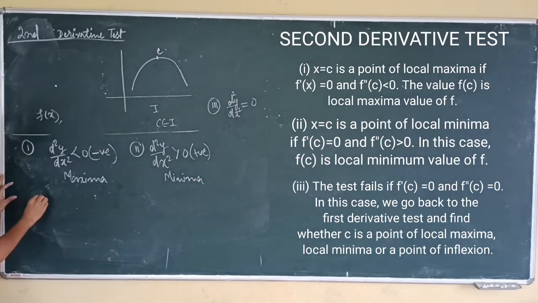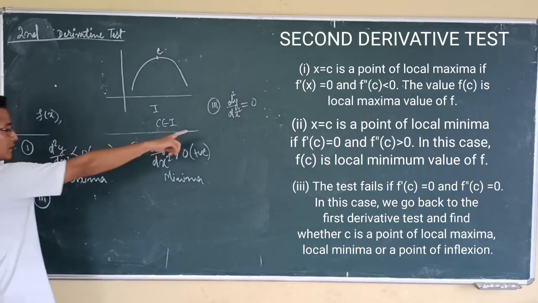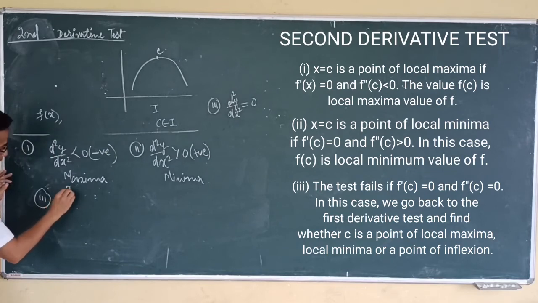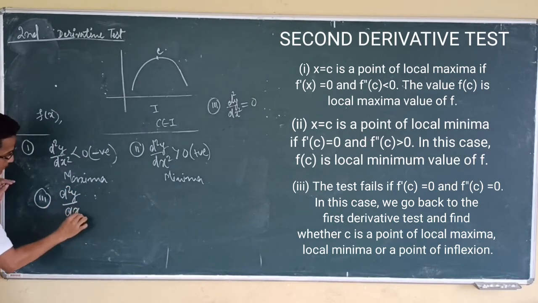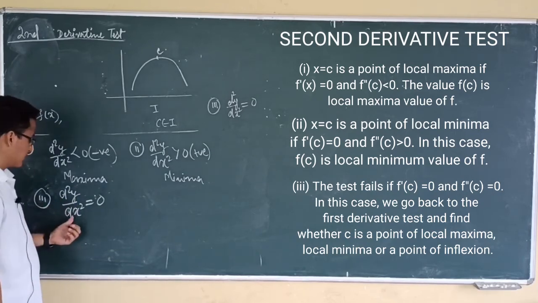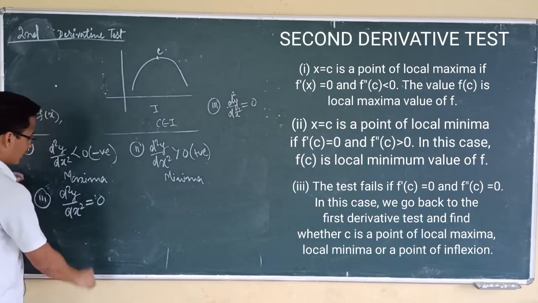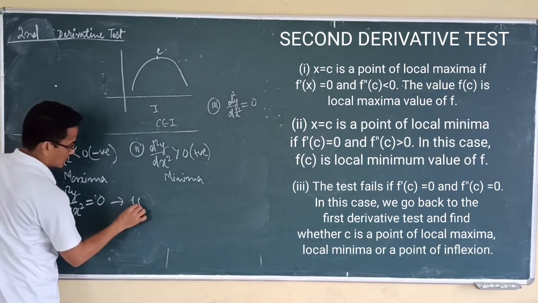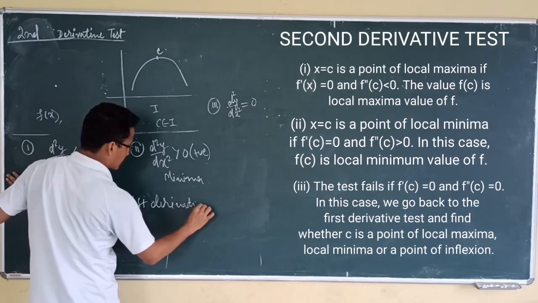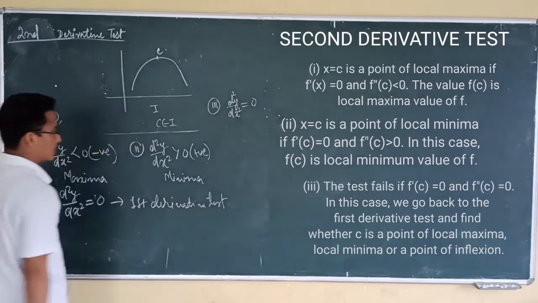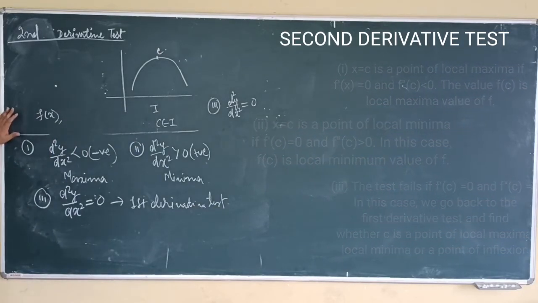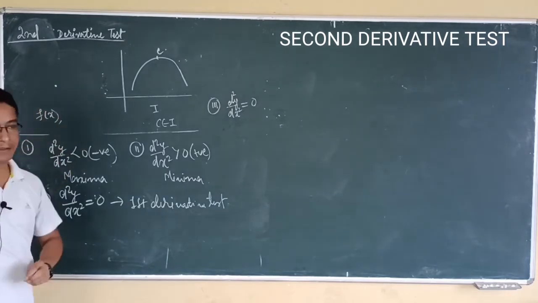Number 3, you see the definition on the right hand side, clear? If d square y by dx square equals 0, then we go for the first derivative test. Clear? First derivative test.